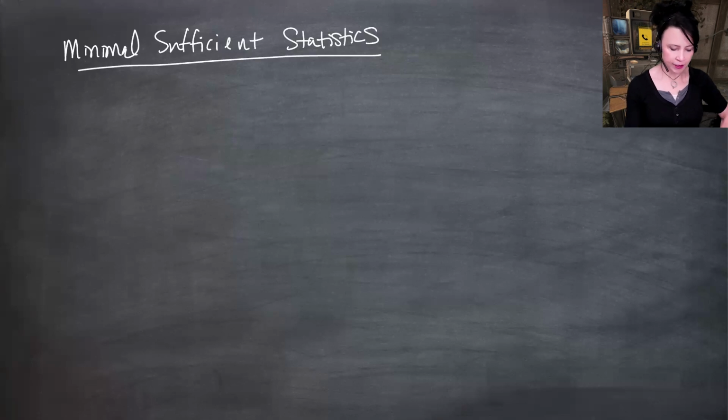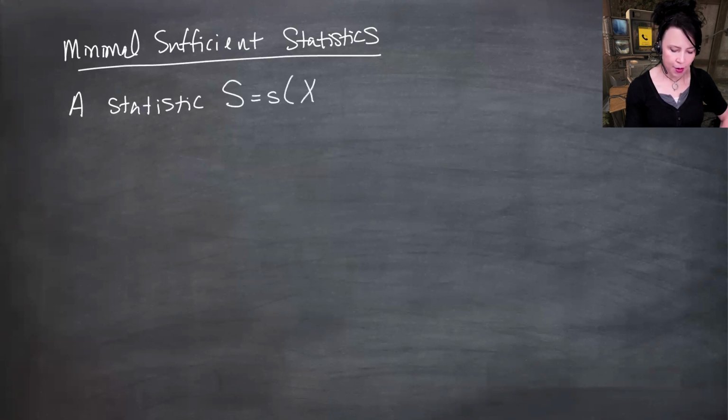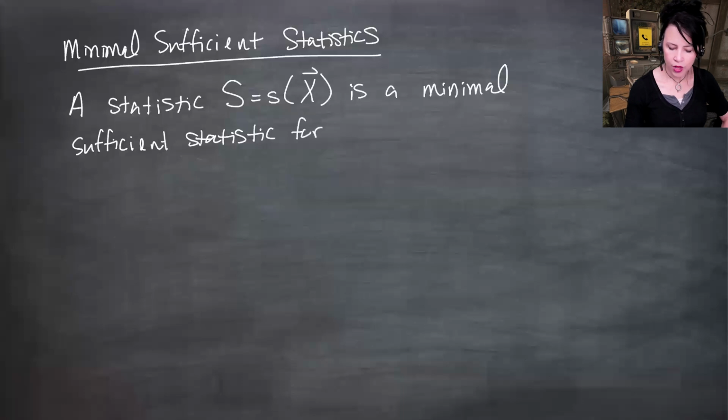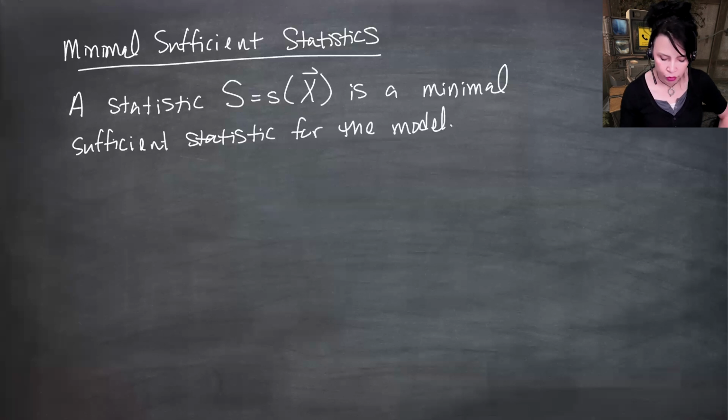But how do we actually define it? Imagine you have a model, you've got a theta, you've got your x's. A statistic S, which is some function of the data, capital X, is a minimal sufficient statistic for the model, for estimating theta, if two things hold.